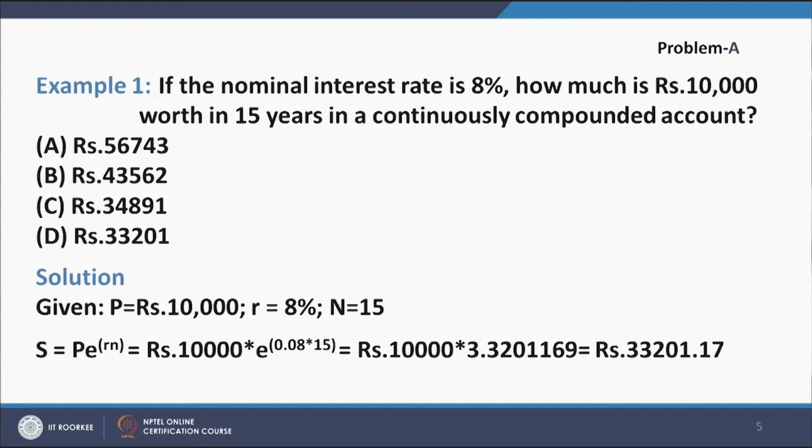S is P into e to the power Rn, so S is equal to 10,000 into e to the power 0.08 into 15. This comes out to be 10,000 into 3.32011169, which is rupees 33,201.17.